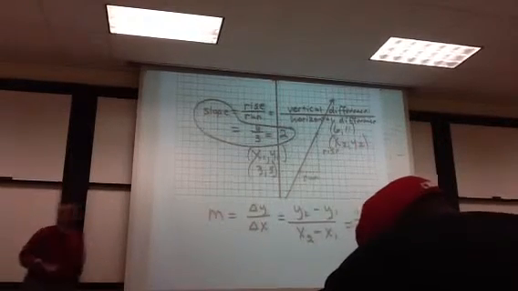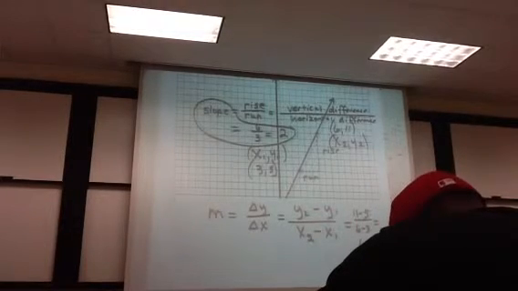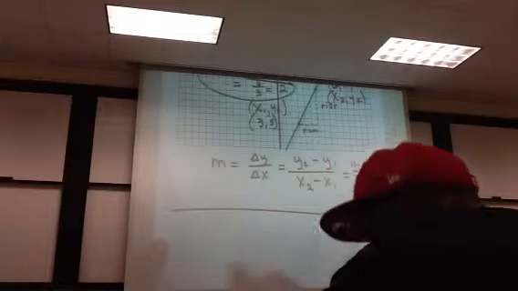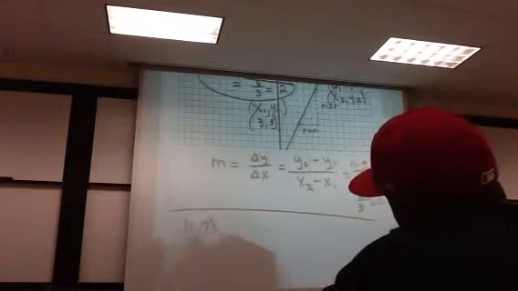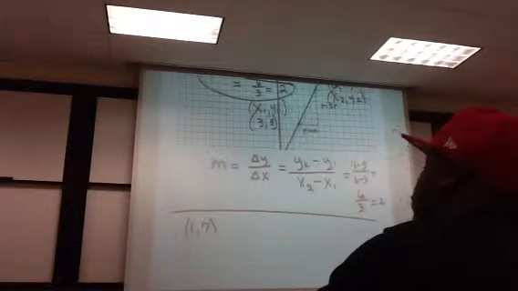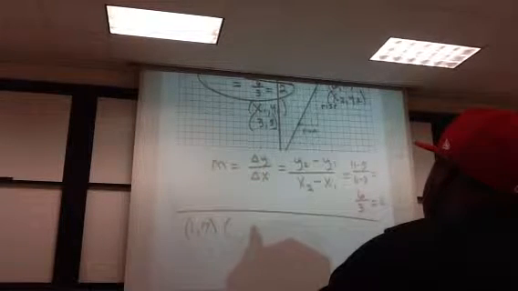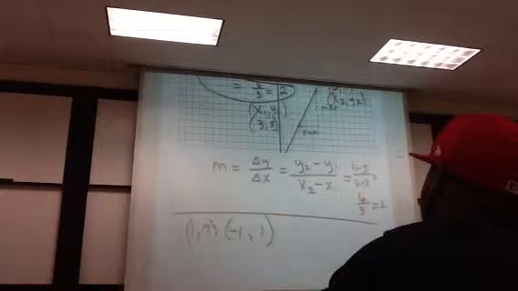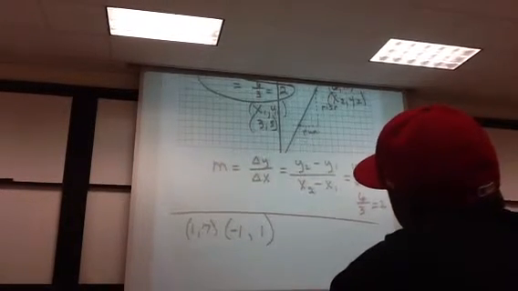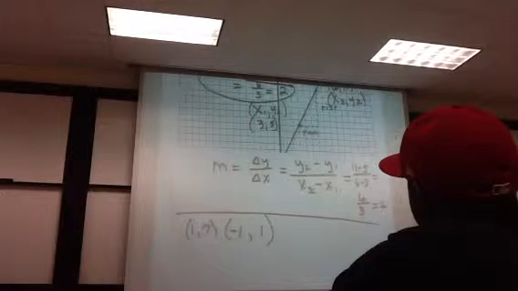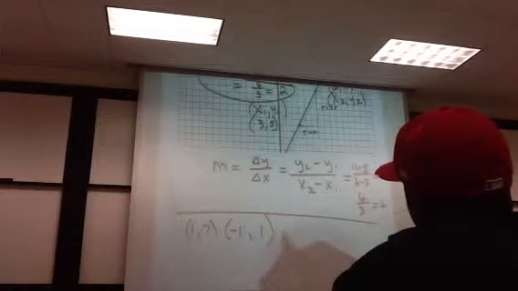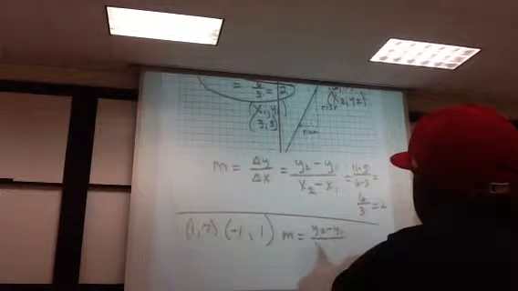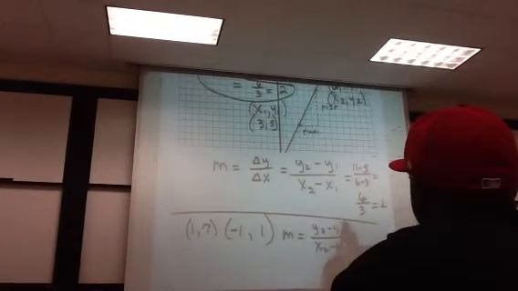If I give you 2 points, say, what's the slope of the line between these 2 points? You're going to put it into the slope formula, which is y2 minus y1 over x2 minus x1.